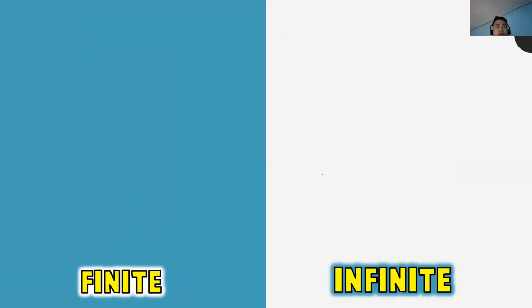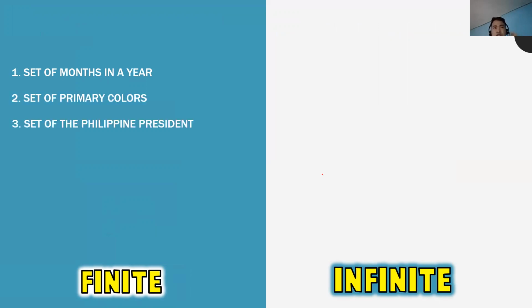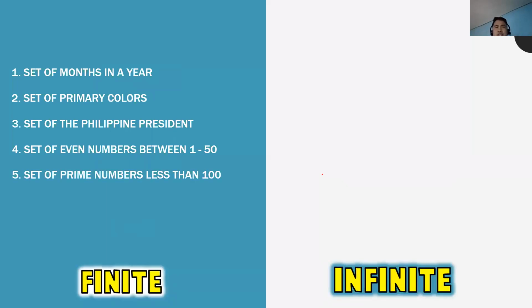Next. Finite and infinite. So, when we say finite, ibig sabihin, may katapusan. Ibig sabihin, bilang. So, number 1, set of months in a year, set of primary colors, set of the Philippine presidents, set of even numbers between 1 to 50, and set of prime numbers less than 100. So, all those examples po ay countable po yung mga elements. So, the number of elements can be counted.